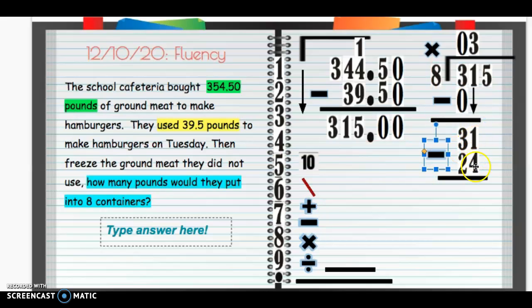I can't do 1 minus 4, so I have to go to this 3. The 3 becomes a 2. And the 1 becomes an 11. So now I have to do 11 minus 4, which is 7. Bring down the 5.